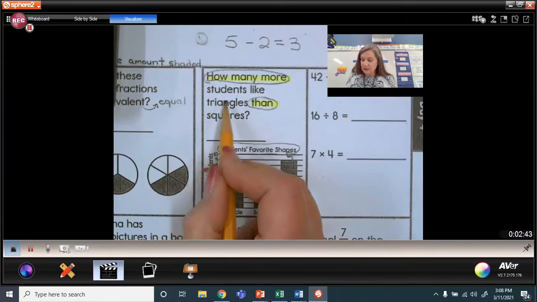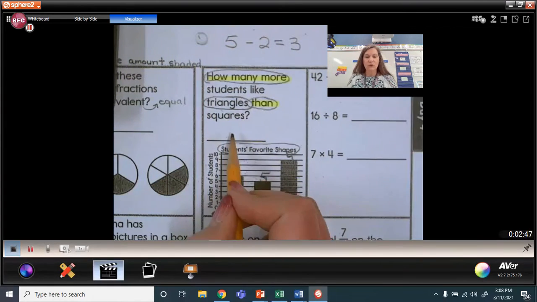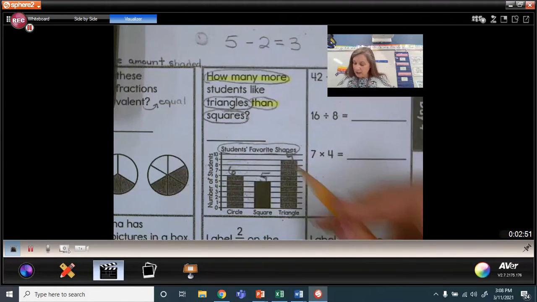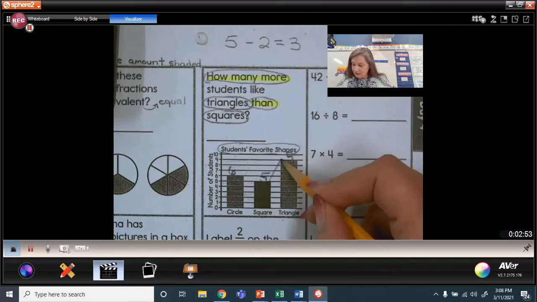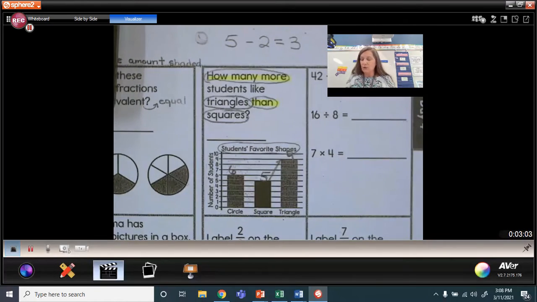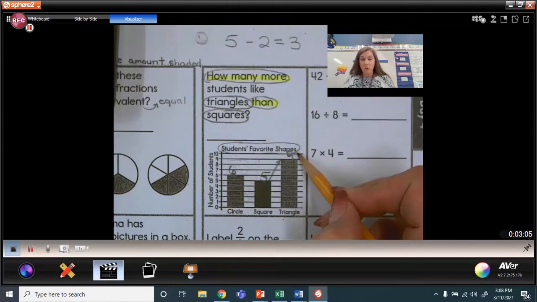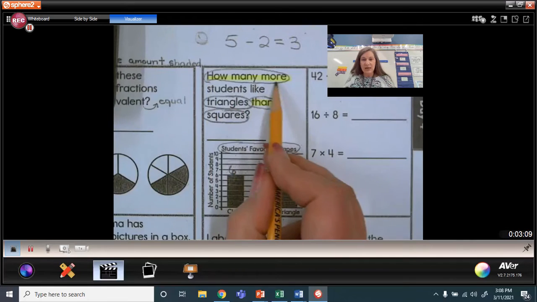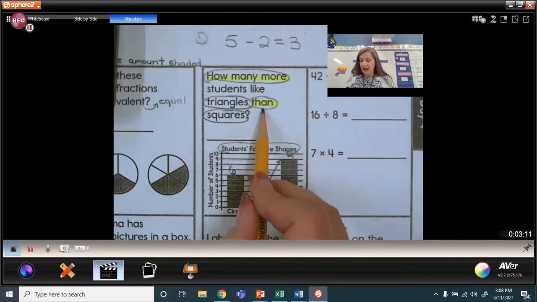Now, they want us to find the difference between students that voted for triangles and students that voted for squares. So if you look right here, there's a difference right here. So if I count 1, 2, 3, 4, there's a difference of 4 students that voted for triangles more than squares. And that's where you get that how many more and the word than.